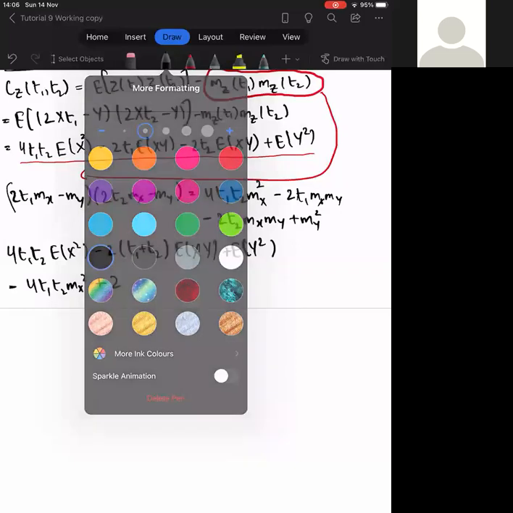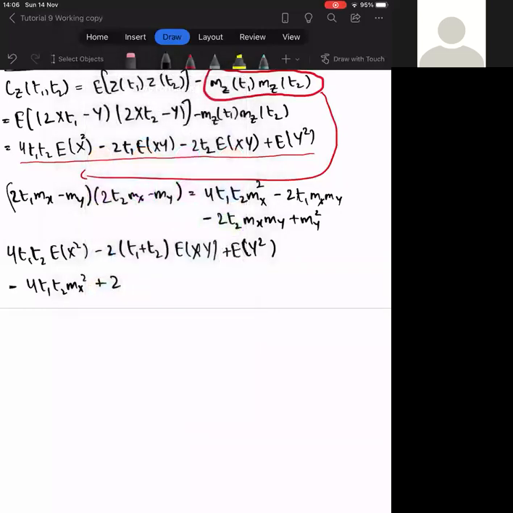So plus 2 t1 plus t2 mx my, with a similar simplification, minus my squared. Okay.